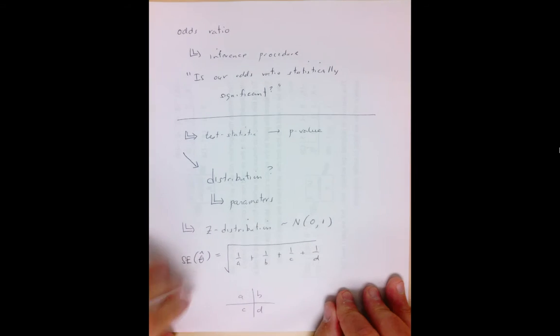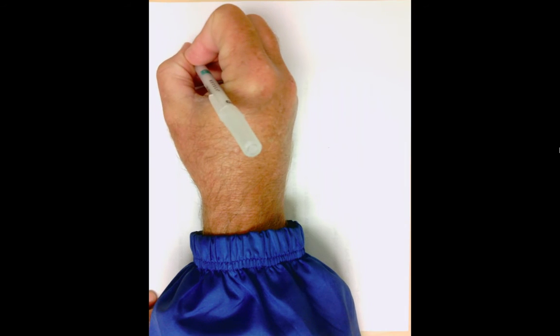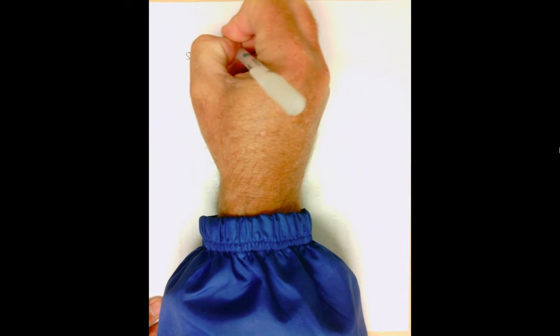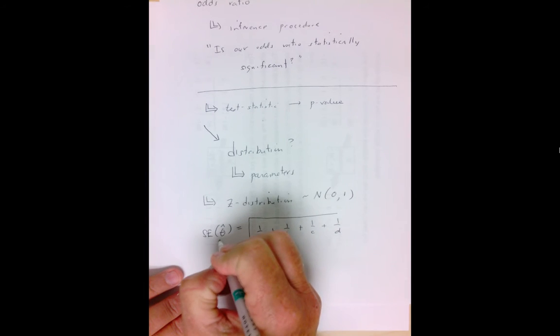Okay? So for our situation, here is our table. Our standard error for the natural log of our odds ratio. And actually, guys, I think I misspoke back here. That was bad.